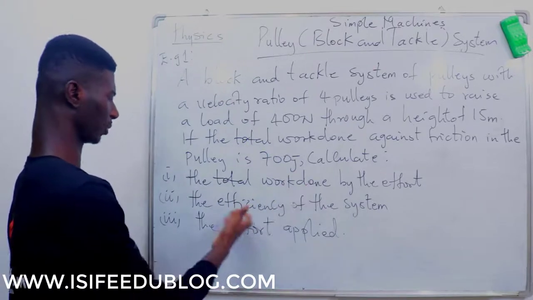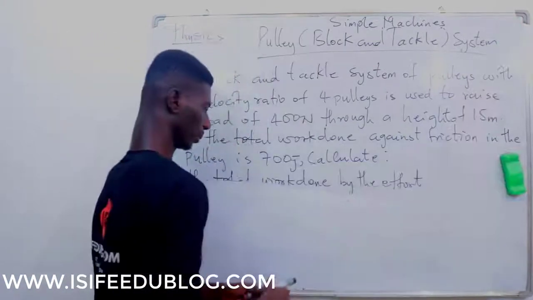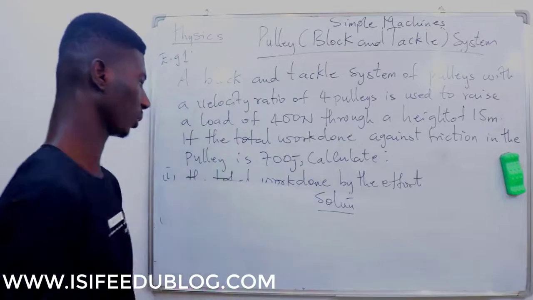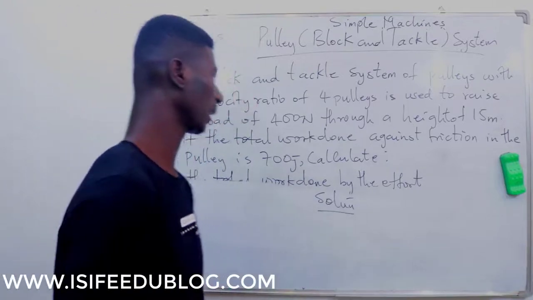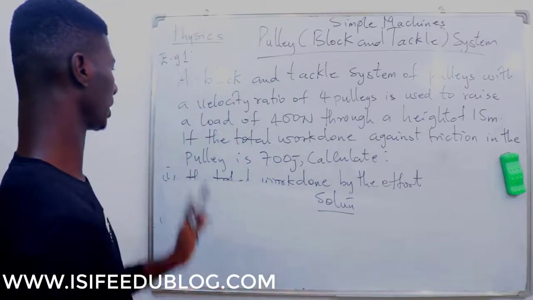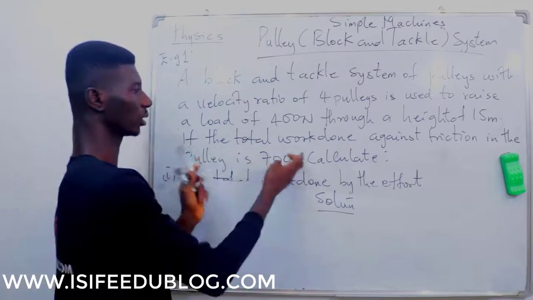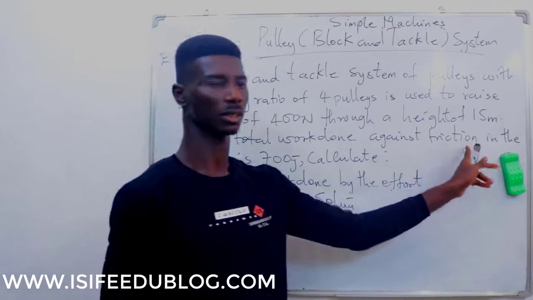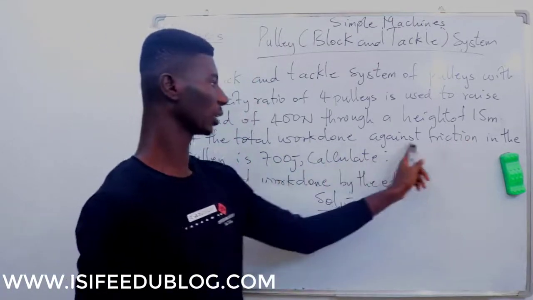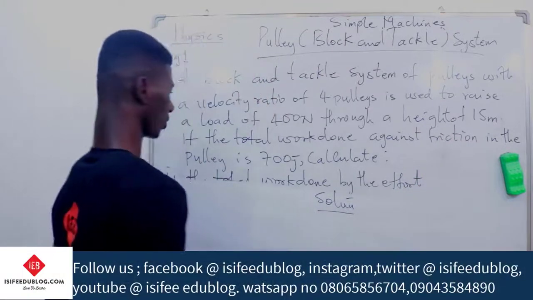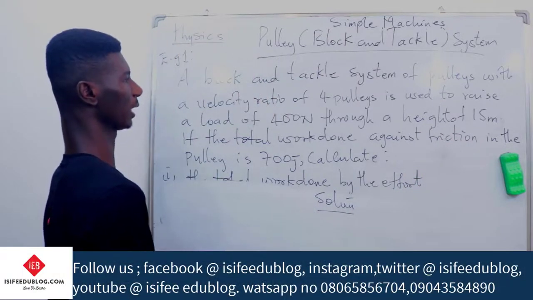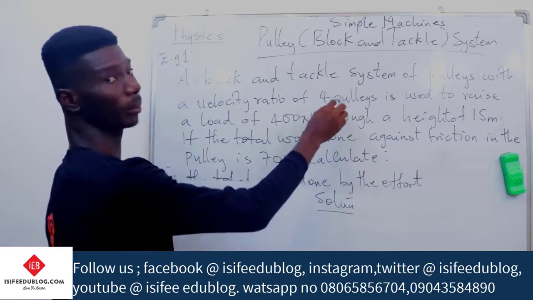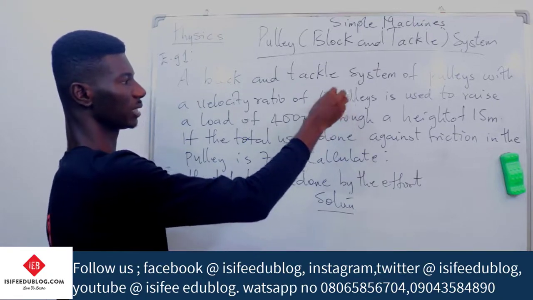Now, I'm going to clean here. Put down our solution, the total work done by the effort. What we already know is the total work done against friction already. So what we don't know is the work done by lifting this load.